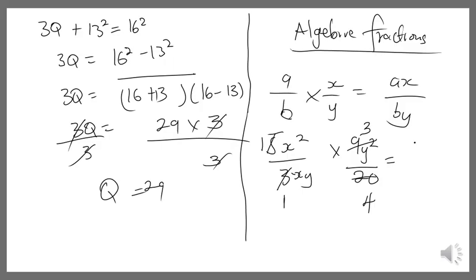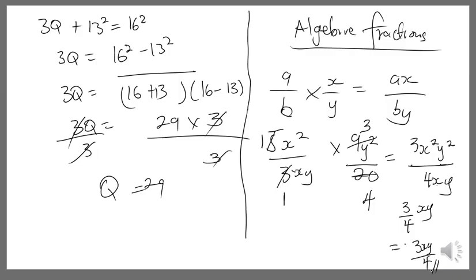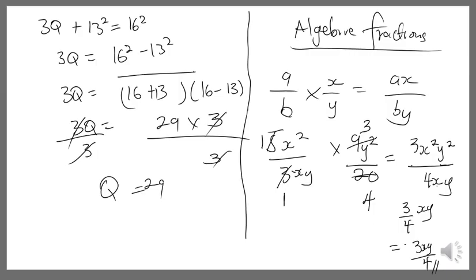So now we get 3x squared y squared all over 4xy. At this point, we will take our 3/4 and deal with the variables. We get xy still. So now we have 3xy all over 4. We've done this one in division of algebraic expressions. It's literally the same thing.